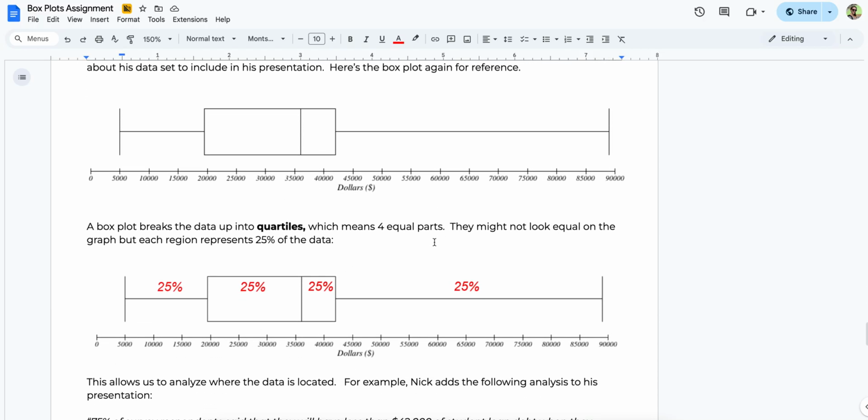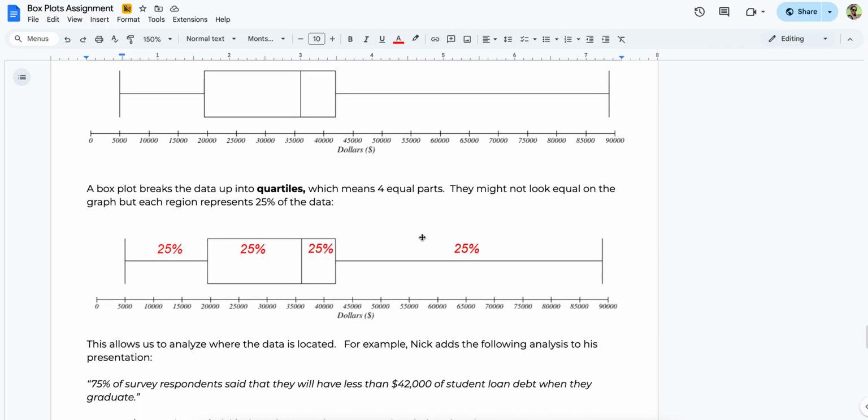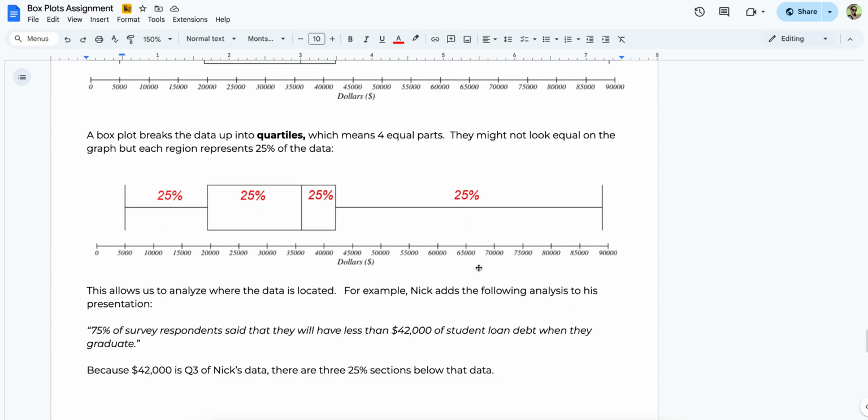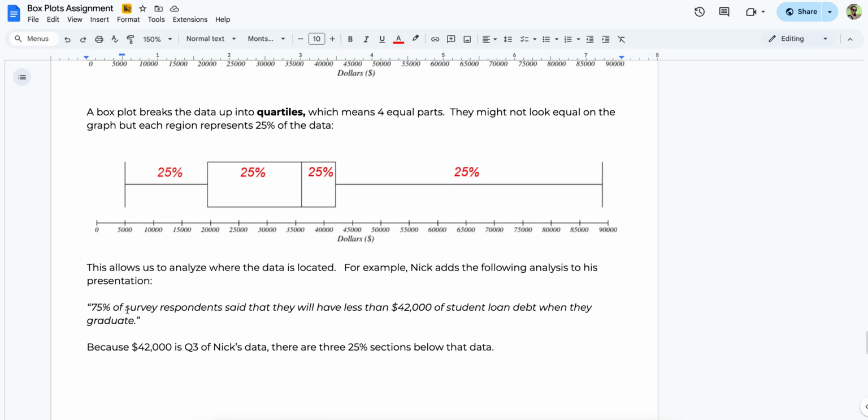If we were looking at Nick's data, which was from the first problem, we would notice that 25% of our numbers are in the first section, 25% are in the second section, 25% are in the third, and 25% are in the fourth. This allows us to analyze, so we can say that 75% of surveys said that they have less than $42,000 of student loan debt when they graduate.